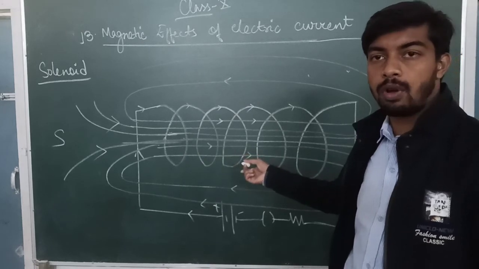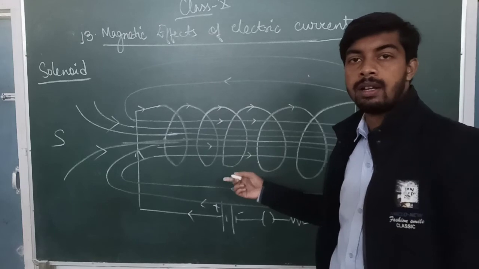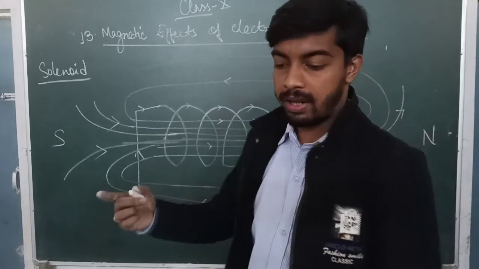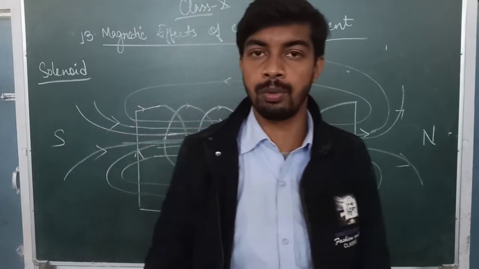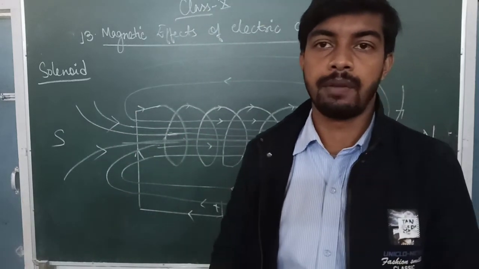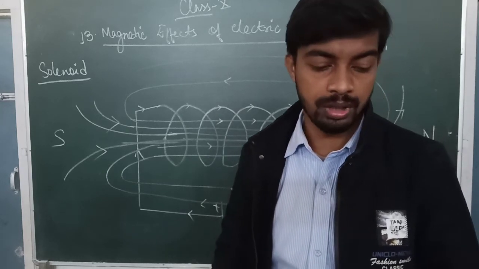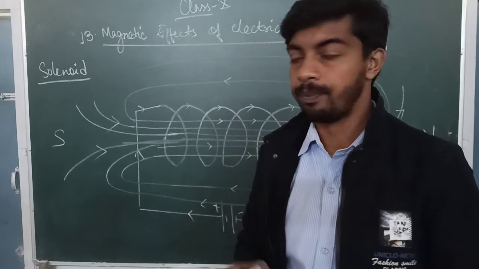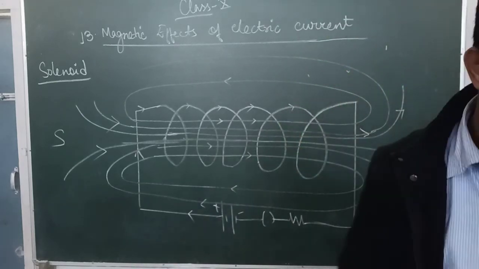So these types of solenoid or coil act as an electromagnet. An electromagnet is a device which acts like a magnet when electricity is passed through it, and when electricity is stopped, the magnetic field also stops through the coil. So this type of coil is known as a solenoid.